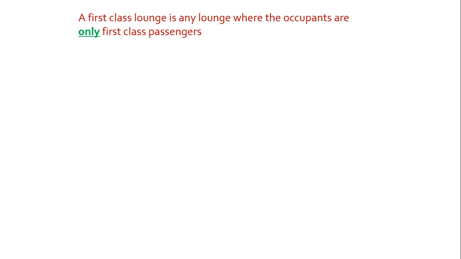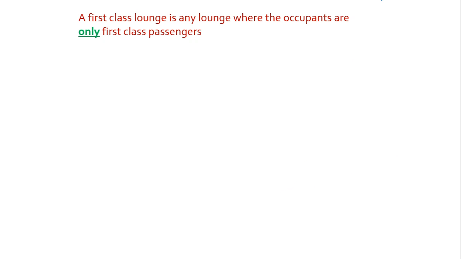Now, how do we model this? A first class lounge is any lounge where the occupants are only first class passengers. Here you can see that both the necessary and the sufficient condition are to be met, so this will be represented using an equivalence class. We don't have any confusion on that.